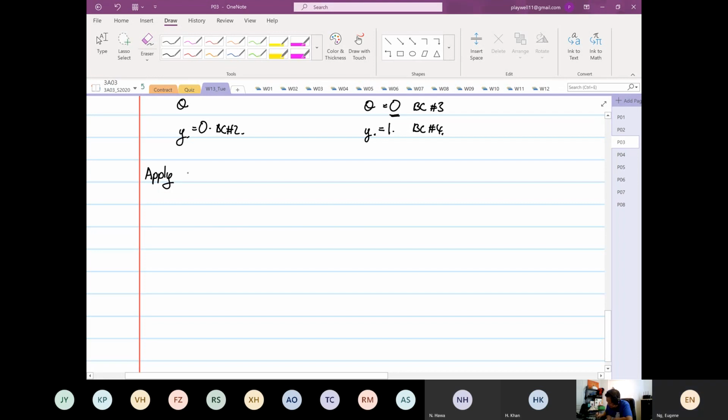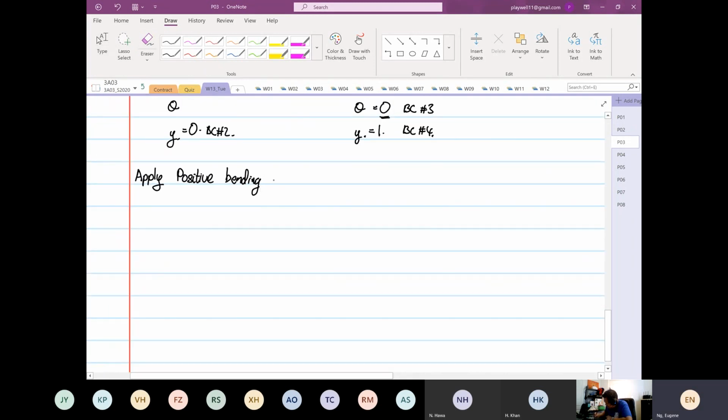positive bending moment to find the bending moment equation.